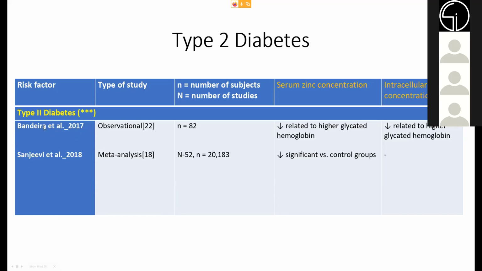The glycated hemoglobin is a representation of the glucose levels over the long term. And then there was a meta-analysis including 52 studies, over 20,000 diabetic patients, and altogether there was a significantly lower serum zinc concentration compared to control groups.